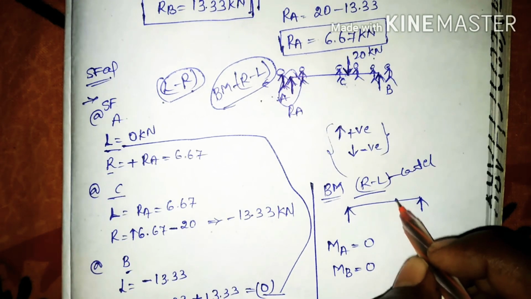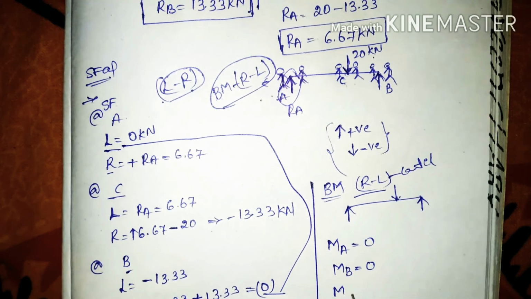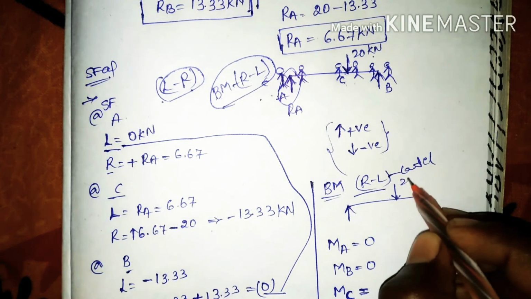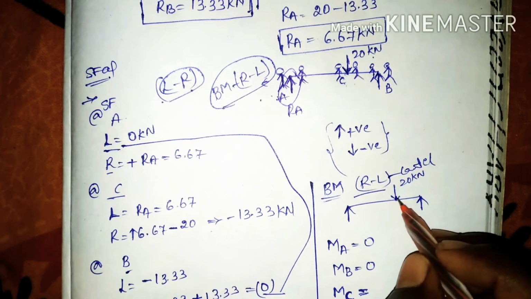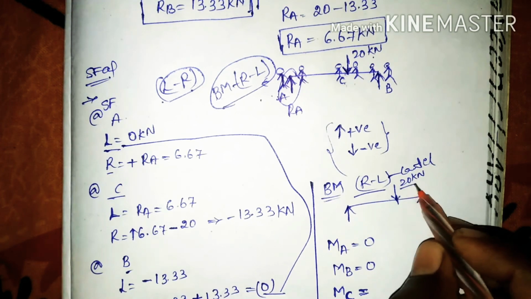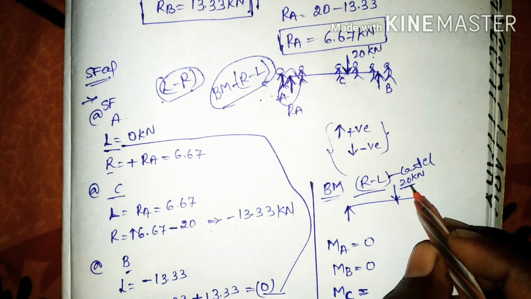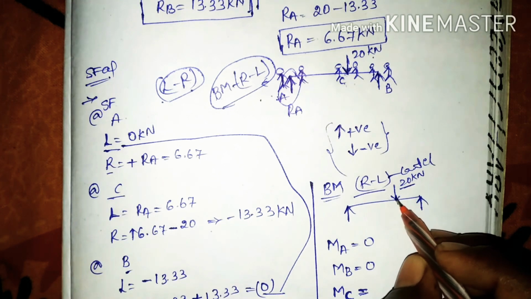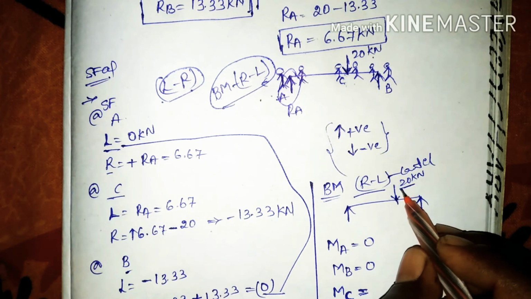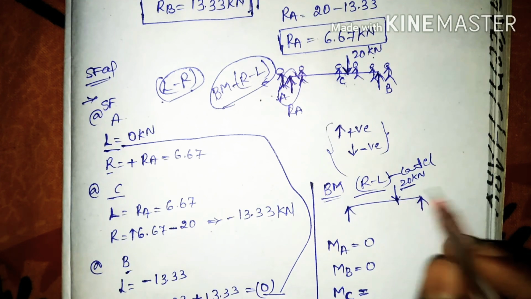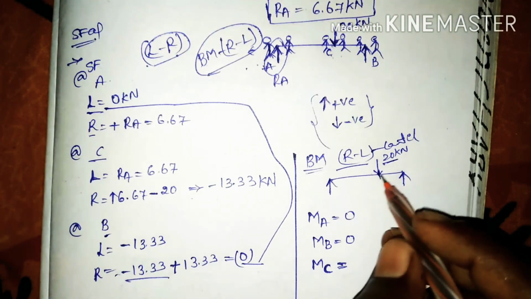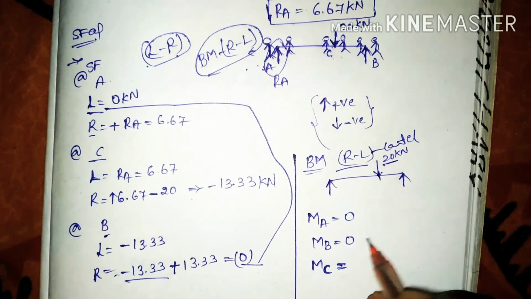We have to find only the moment about C, because we are having only one loading, that is the 20 kilonewton load. This load is not considered because we are taking the moment about C, so the 20 kilonewton force cannot be multiplied with any perpendicular distance, so it does not enter the equation.